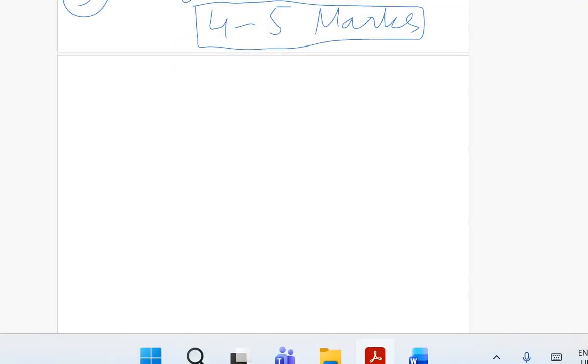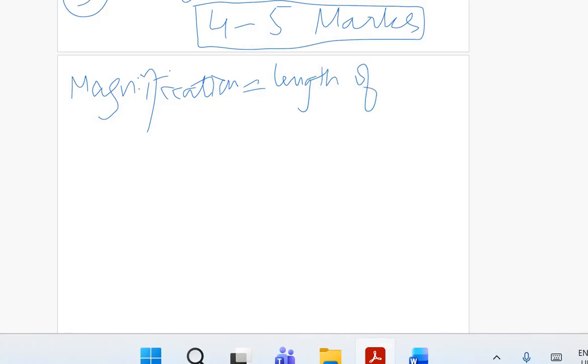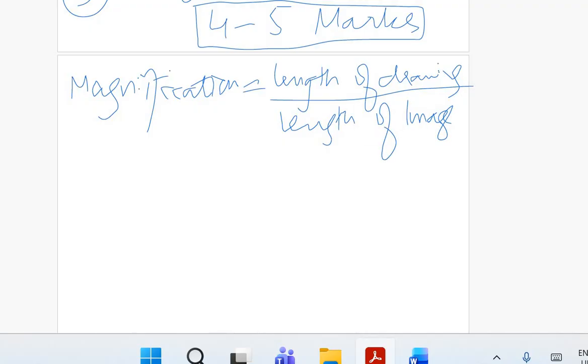So magnification is equal to, this is the correct use of the formula, length of drawing that we have made divided by length of image, and then multiplied by the given magnification.